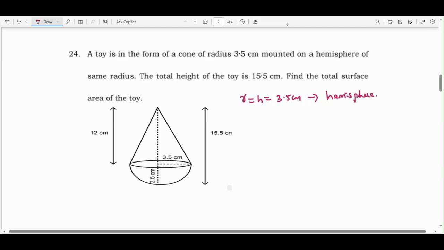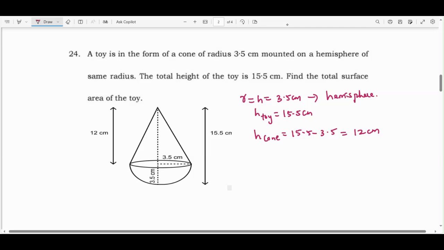Here they have given the height of the toy as 15.5 centimeter, and the radius is 3.5. What will be the height of the cone? The height of the cone will be 15.5 minus 3.5, that is 12 centimeter.